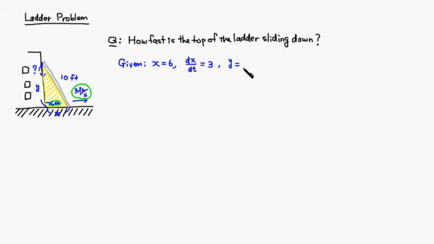That's the square root of 10 squared minus 6 squared, which is the square root of 100 minus 36, so 64. The square root of 64 is 8. So those are the given values.